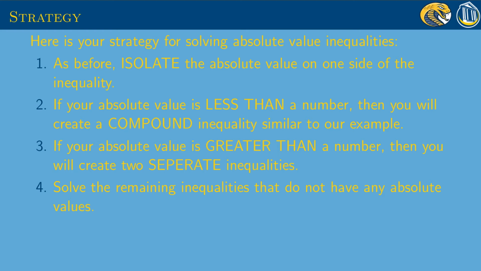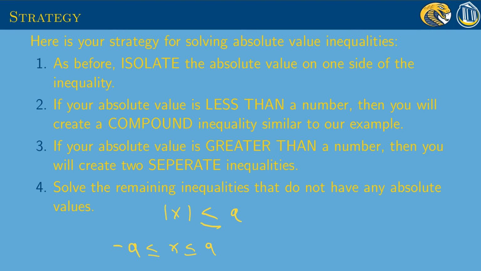With this in mind, let's talk about the strategy for solving absolute value inequalities. As before, we want to isolate the absolute value on one side of our inequality. If our absolute value is less than or equal to some number a, we'll create a compound inequality where we will have negative a is less than or equal to x is less than or equal to a.